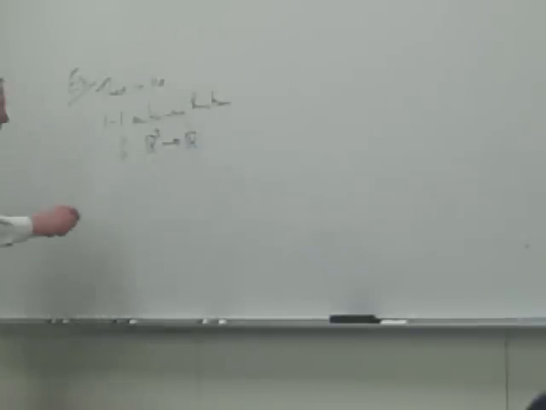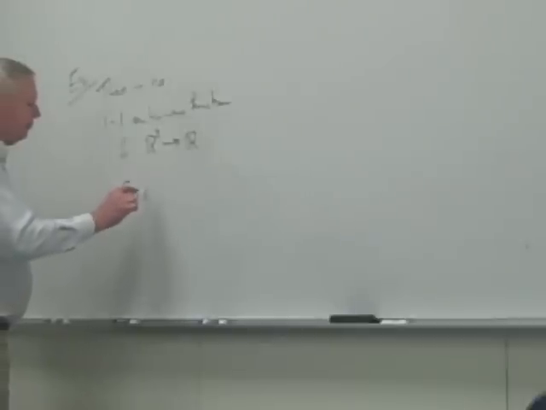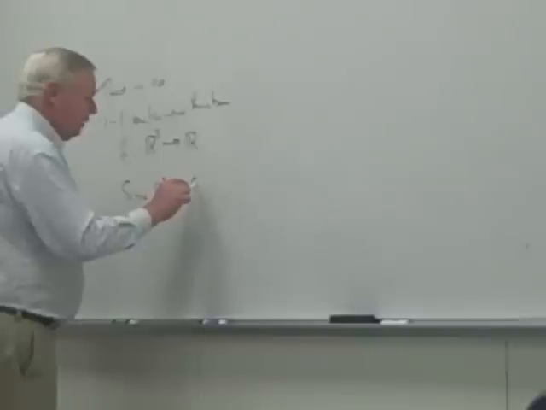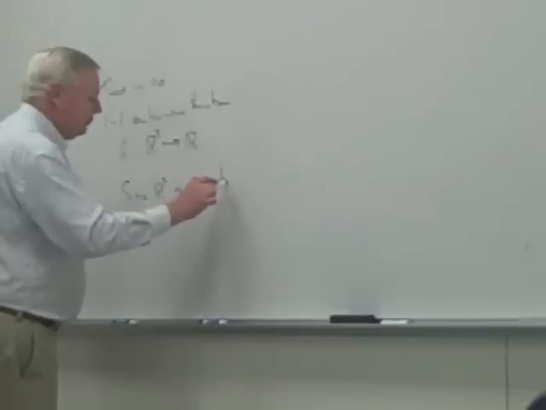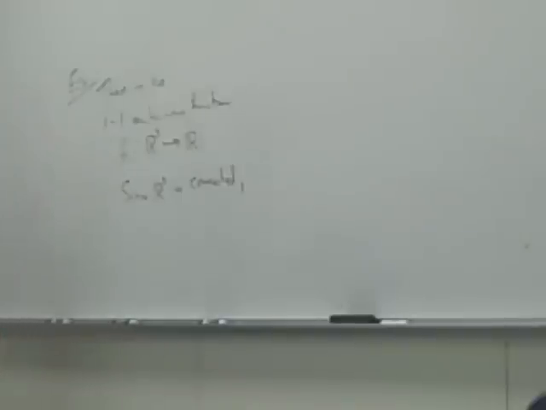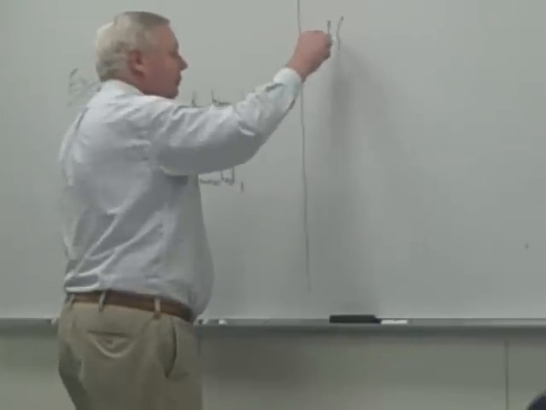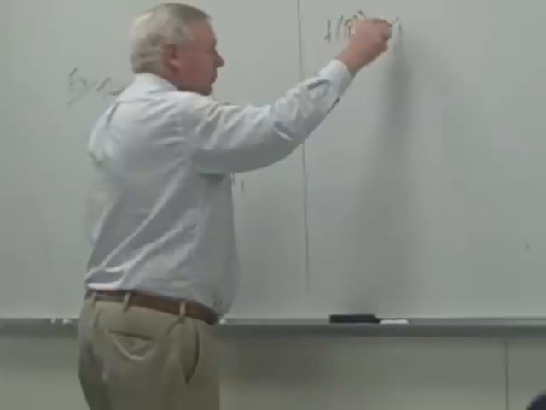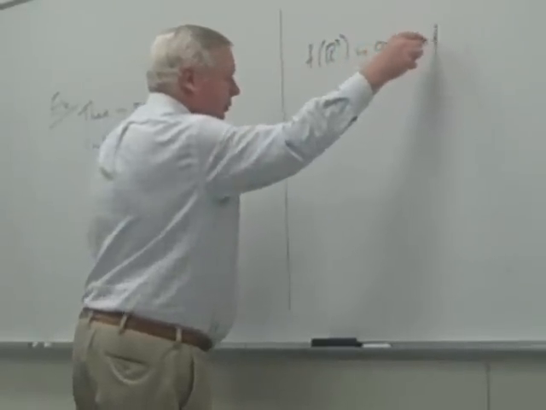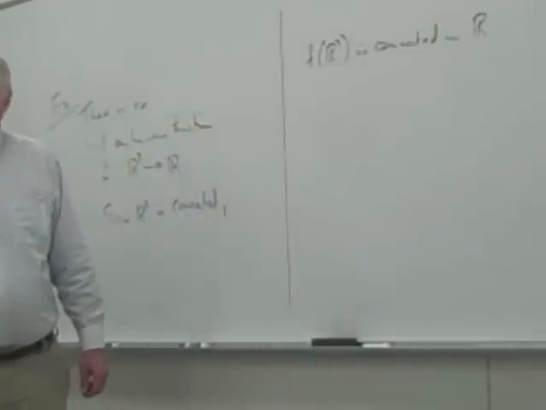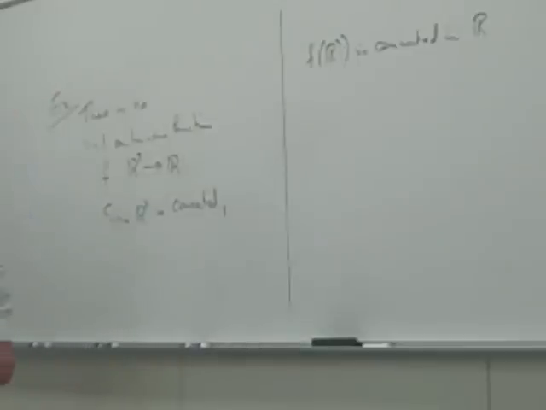So first of all, since R2 is connected, its image, whatever that is, in the real line is also connected. Now, we already discovered what connected subsets of R happen to be.